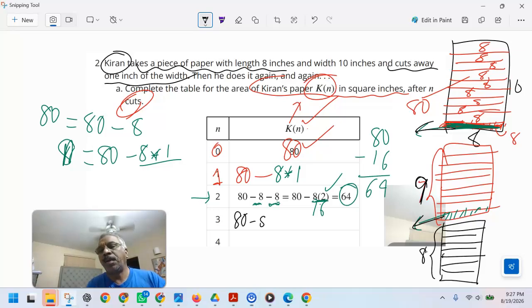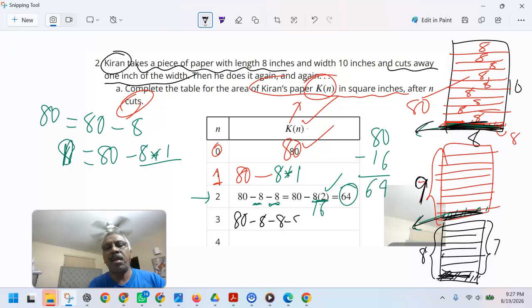Even though it is 8, I'm going to cut off the bottom piece, so you're cutting off one more. This piece is taken off, one more piece is taken off, one more piece is taken off. So there will be 7 left here, right? It is basically 8, 8, 8, and 8, so you're taking off 3 of them. So it is 80 minus 8 times 3.